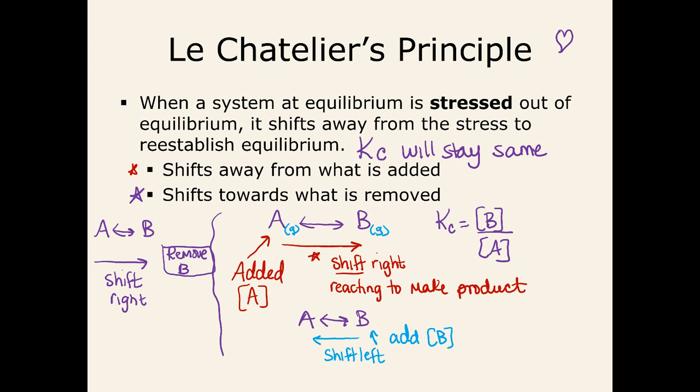The only thing that changes Kc is temperature. So I'll put that up here. Now, this is very important. If this was a general chem class, we'd go into temp and we'd talk about this shifting this way with temp.